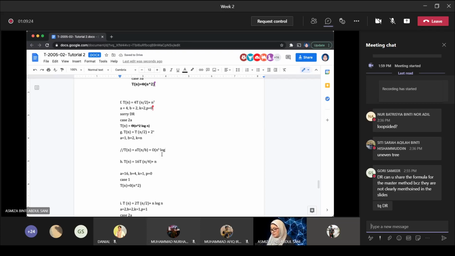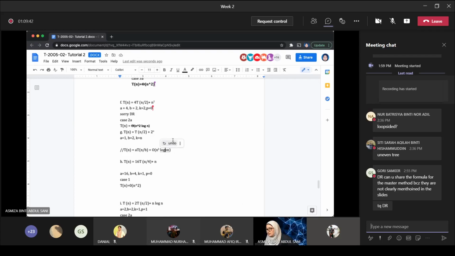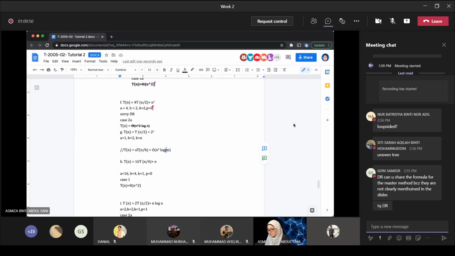Log to the power of P and N. Okay, so we try to keep referring to this format. So that's why we say that for this question G.